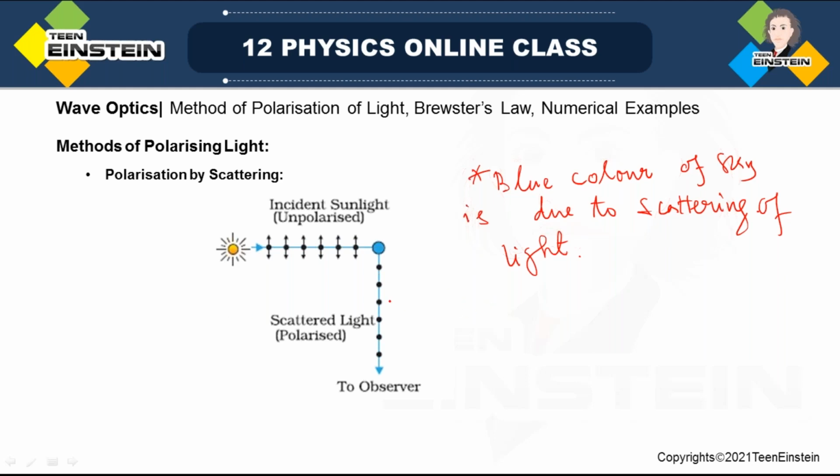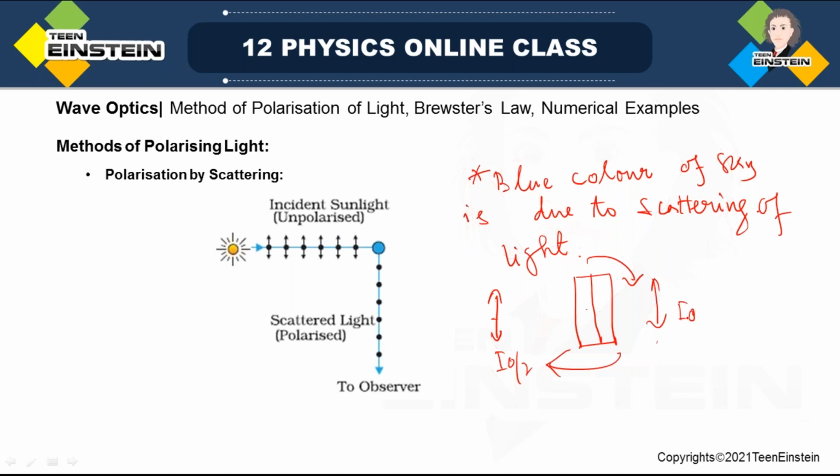As I was telling you a few minutes before, if you have polarized light and pass it through an analyzer and rotate the analyzer, at one position the intensity is I 0 by 2.